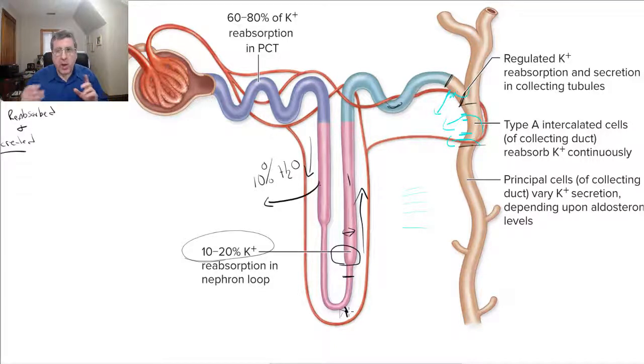All right. Now, the collecting tubules and collecting ducts for potassium, what we're looking at are two different cell types associated with this area. We're looking at intercalated cells. So, here we go. So type A intercalated cells, all right, those are continuously reabsorbing potassium.